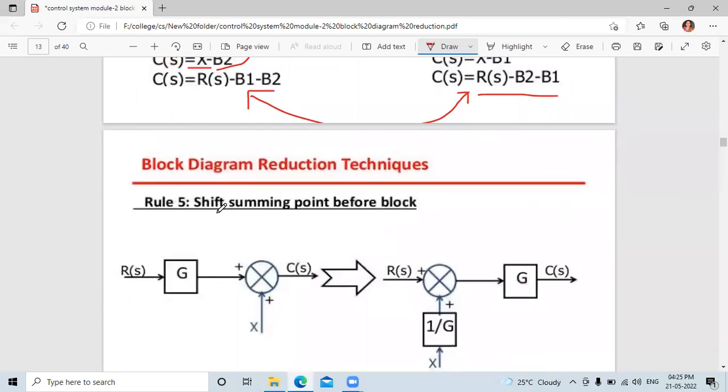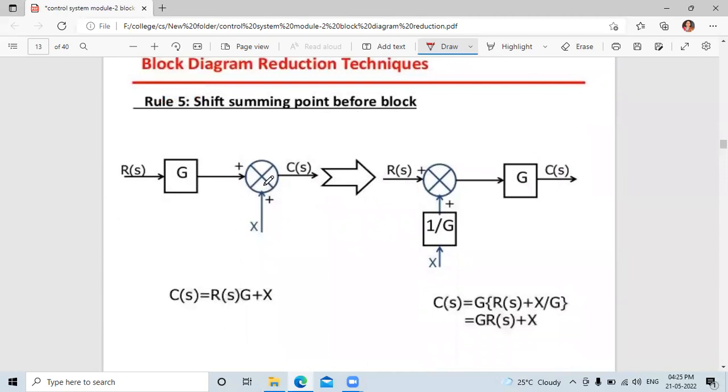Next, shifting summing point before block. We need to shift the summing point before the block. So what you need to multiply?